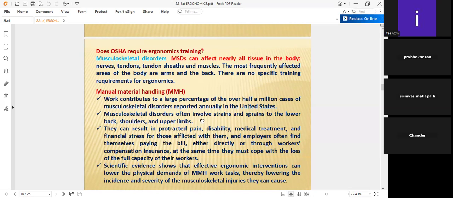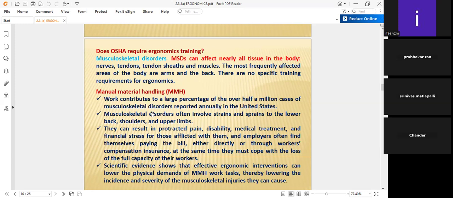Musculoskeletal disorders often involve strains and sprains of the lower back, shoulders, and upper limbs. Whatever environment the organization provides to the employees, whatever facilities, whatever administrative controls, whatever PPE, people still make human errors.